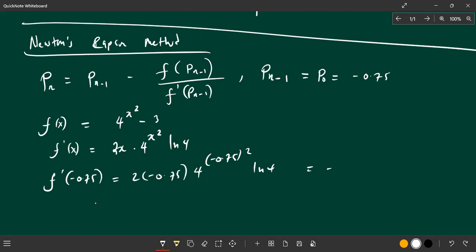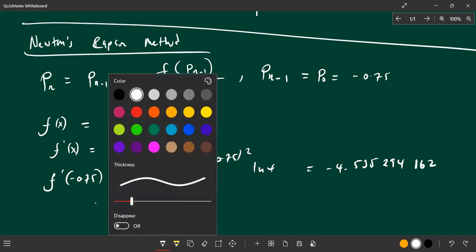This is about negative 4.535294162. So that is our f prime at that point.